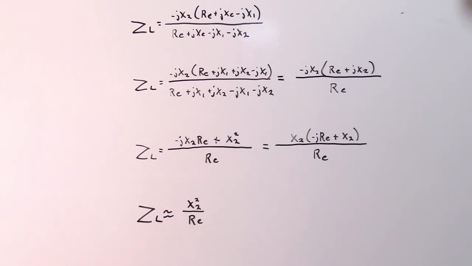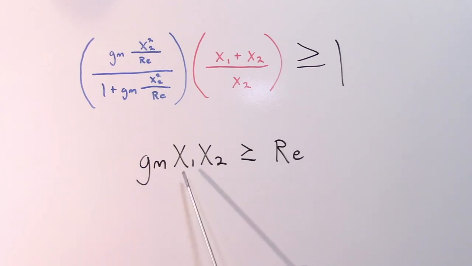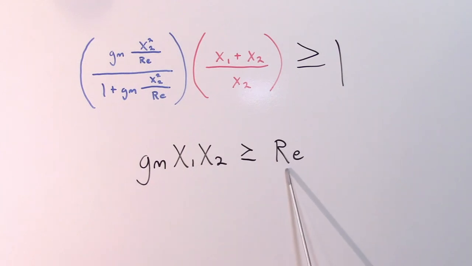Now, of course, we've made some assumptions and approximations here, and this will only be valid at the frequency of oscillation. So this is the final loop gain equation for the Colpitts oscillator. However, it's not usually presented like this in textbooks because with a little bit of algebraic manipulation, you can simplify and show that the product of your transconductance, your C1 impedance, and C2 impedance has to be greater than or equal to the resistive losses in the crystal.